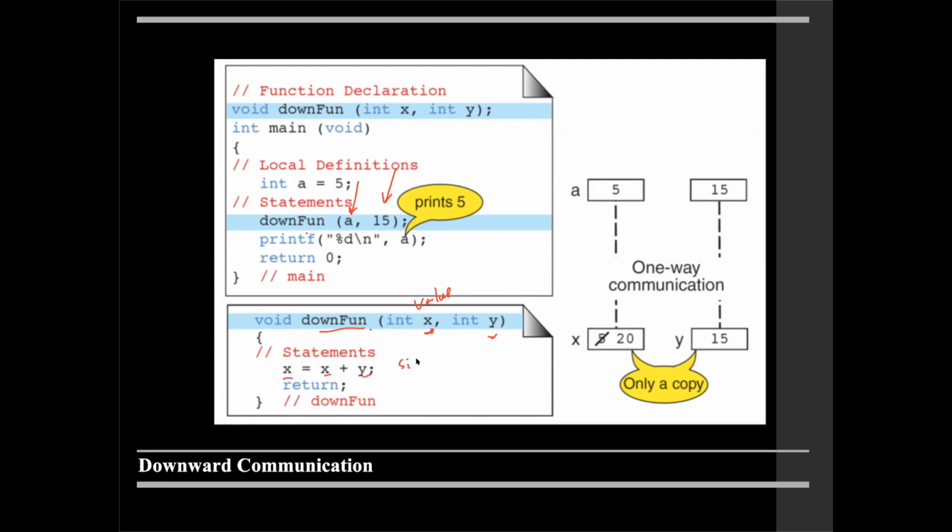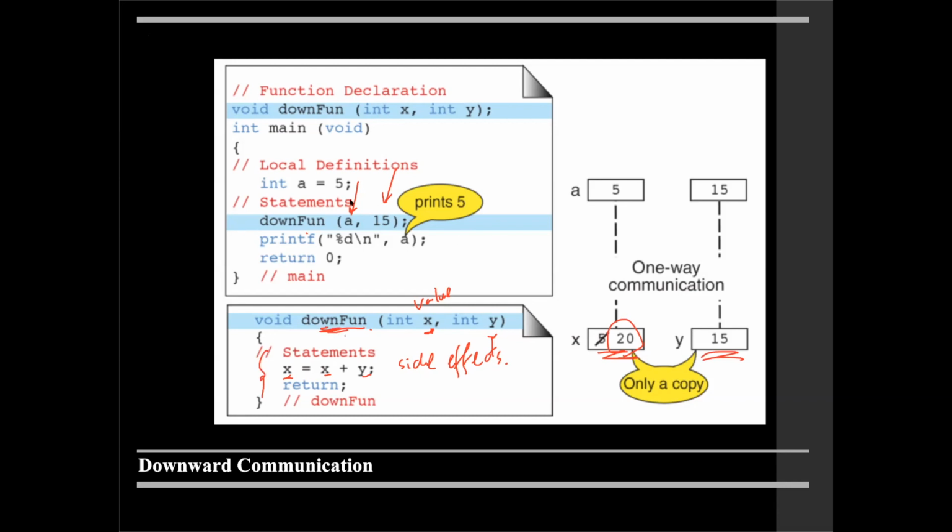This is the side effect we were talking about earlier. So you're making some state changes, affecting the value of your x. In this case, x equals x plus y. As you can see here, x then becomes 20, because 20 equals 5 plus 15 that gets passed in. However, this x and y sitting inside of this function are only local to this particular function.